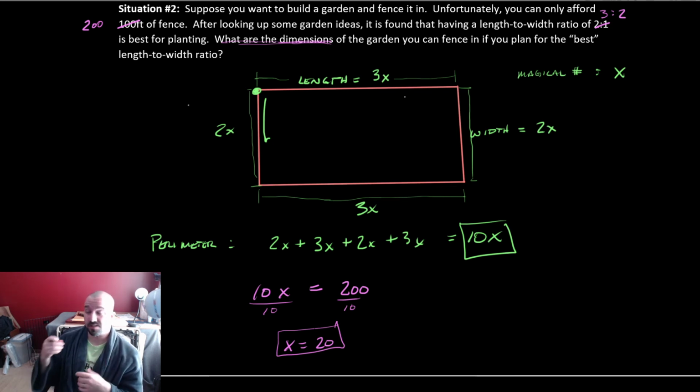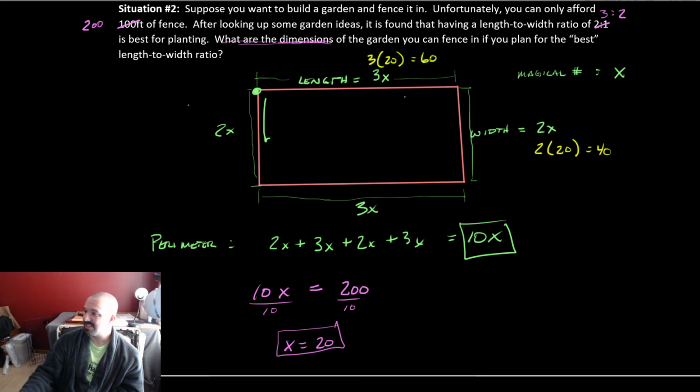So there are instances where your variable won't directly answer the question, but it's an advantage to you. And I say it's an advantage because if we go back, we notice that the width is 2 times x. That's 2 times 20, which is just 40. Then we know that the length is 3 times x, which is just 3 times 20, which is 60. So what are the dimensions?